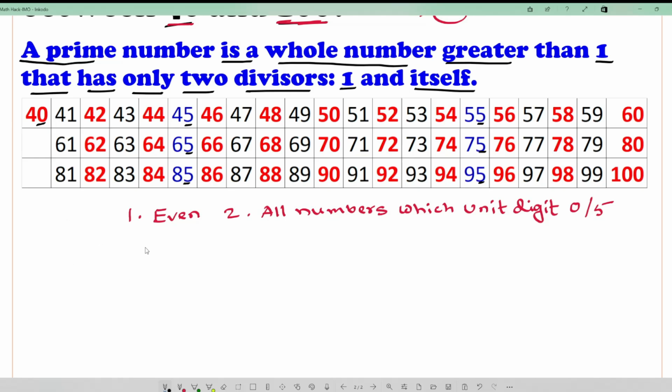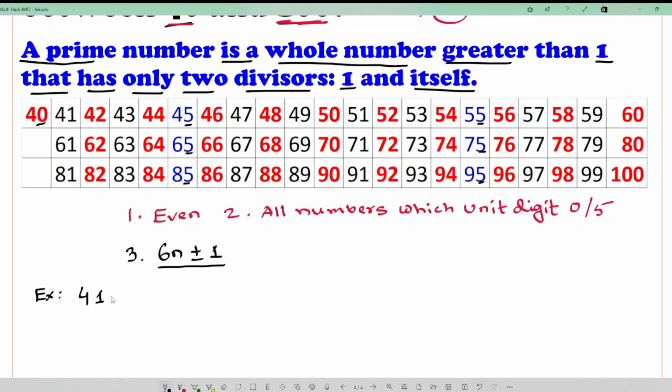And the third option we have to follow is 6n plus or minus 1. For example, 41. Is it a prime number? Yes, it's a prime number. How? Here our theory is 6n plus or minus 1.